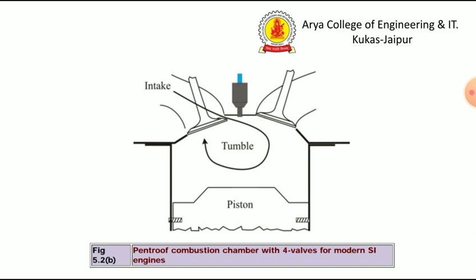The spark plug is also located close to center. Mixture from the intake port flows across the cylinder to the walls from where it is deflected downwards and rolls perpendicular to the axis of the cylinder in a tumbling motion. This motion is called tumble.